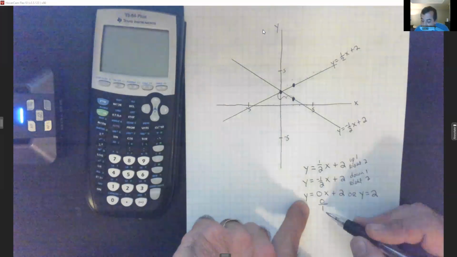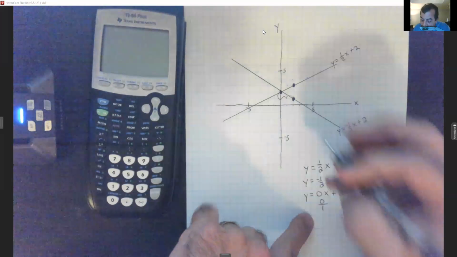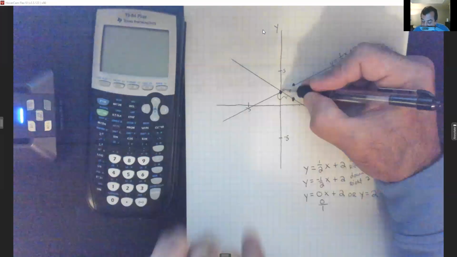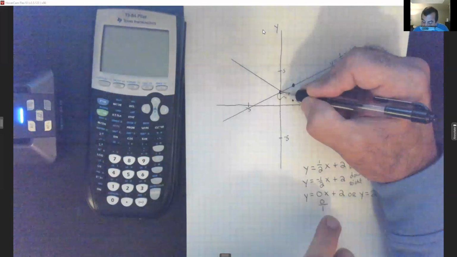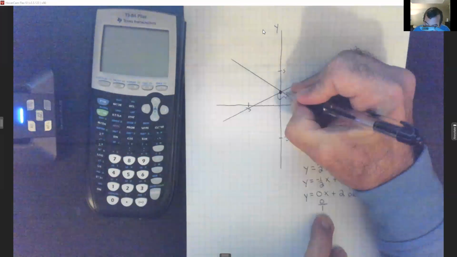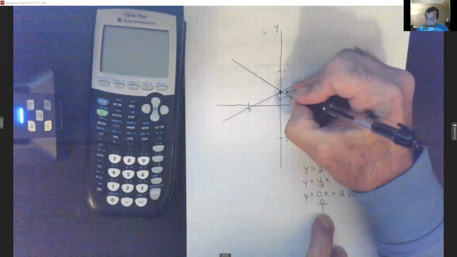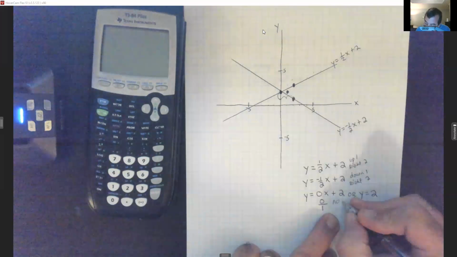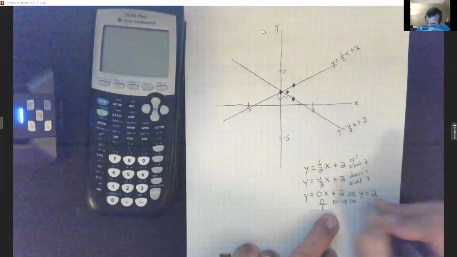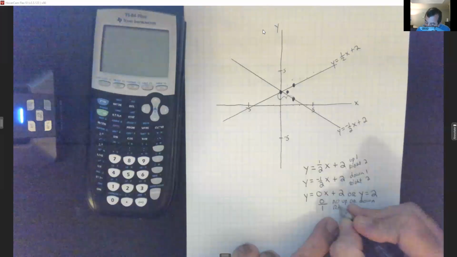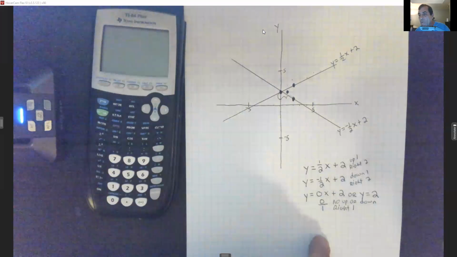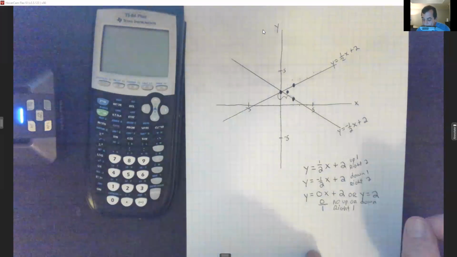Okay, so start at 2, which is the same y-intercept. 0 for the y's, I don't go up or down, I stay there. And then I go right 1. So right 1 puts me right there. So there's no up or down, but we do go right 1. You have to go right at least 1, okay?